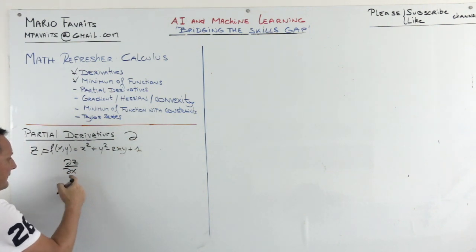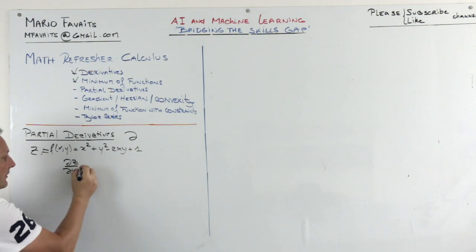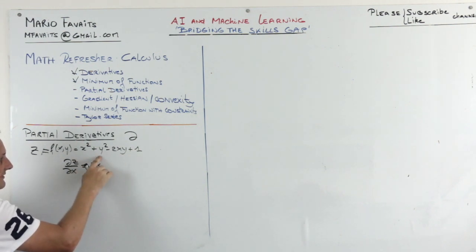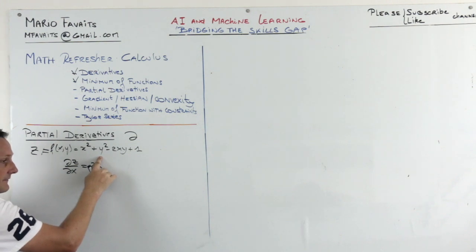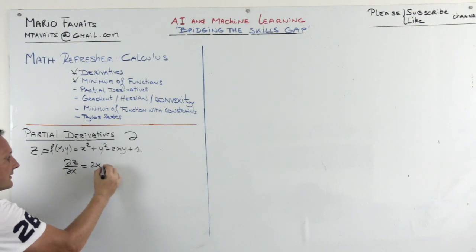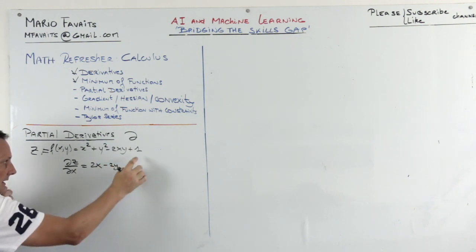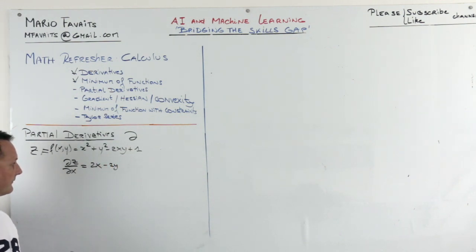If we differentiate with respect to x, we consider y as a constant. So in this case, I differentiate this one, this is a constant. So the derivative of a constant is 0. Y is a constant, so it's minus 2y, and the derivative of 1 is 0.